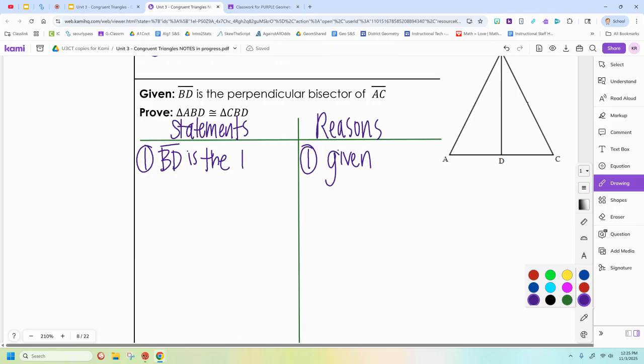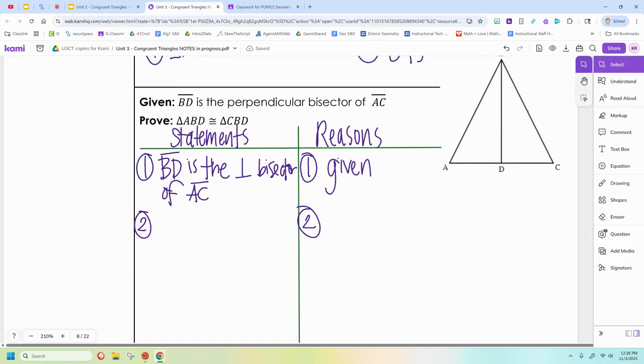Perpendicular bisector. Bless you, hon. Okay. So now, we can jump into what we see or we can jump into the perpendicular bisector.